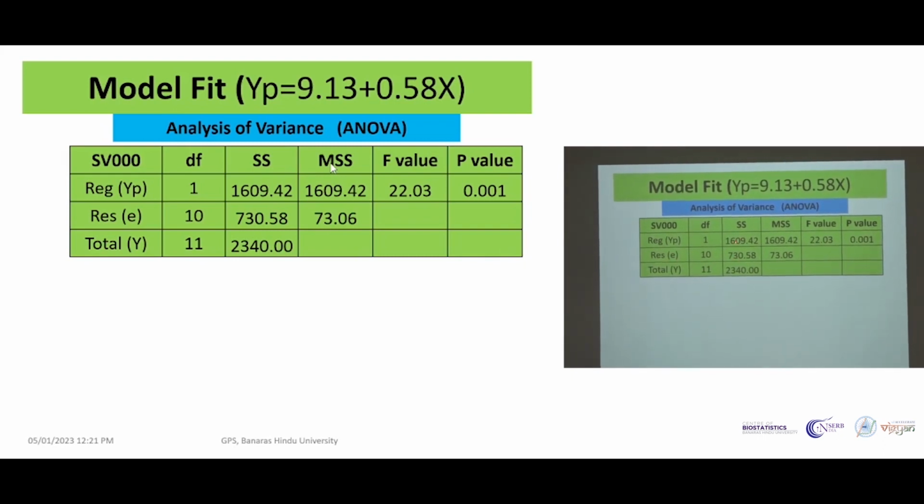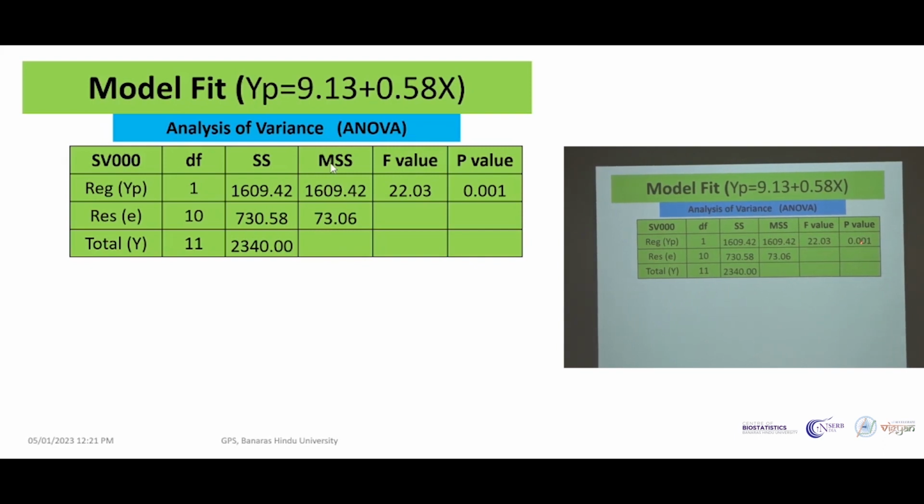We write the sum of squares calculated here. We write the average of these values, so we divide this by degrees of freedom, and then we calculate another value, F. This is the test formula, and then we say whether it is significant or not. Okay, so we do all these things hands-on.